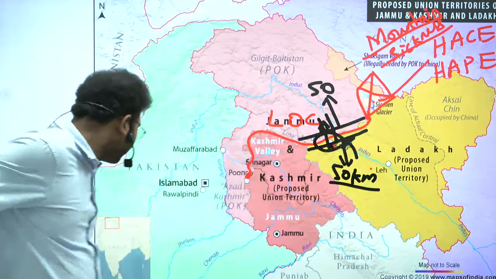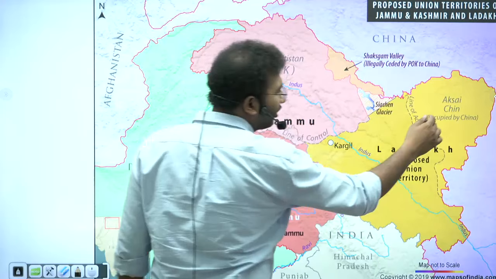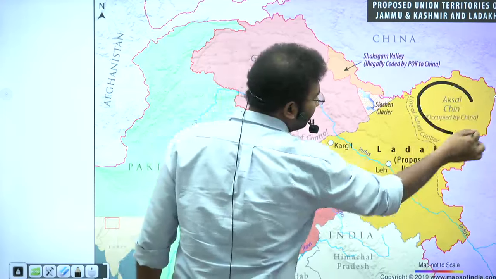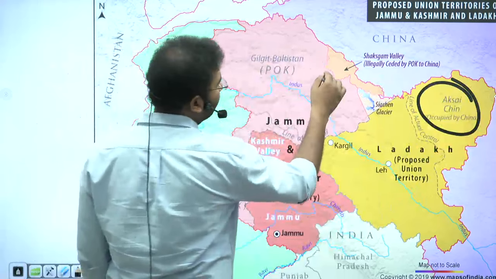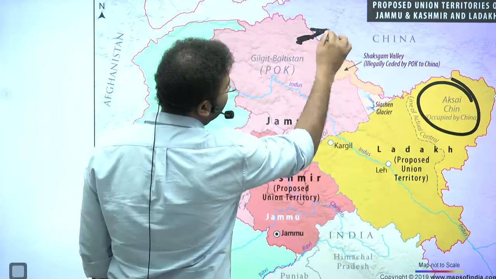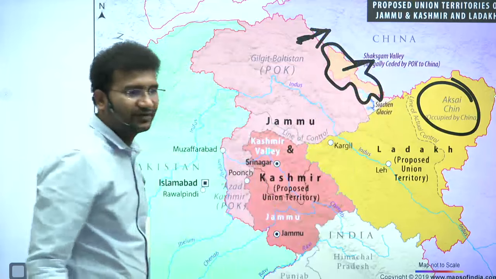And Siachen is present at the tri-junction point of the China-occupied area, Ladakh, and the part illegally occupied by Pakistan. This is called the Shaksgam Valley, and Pakistan gifted this to China. Right?